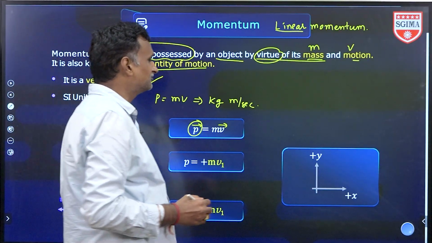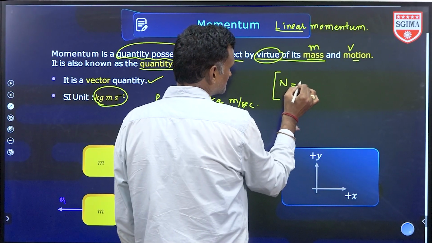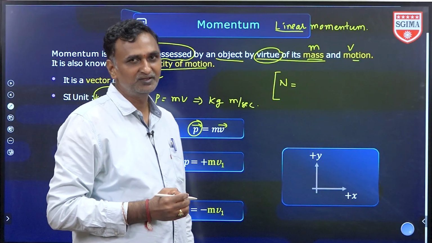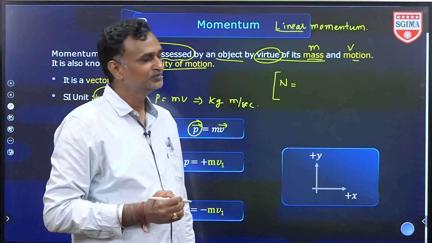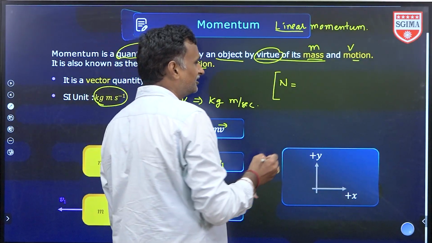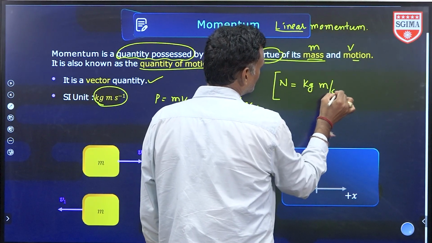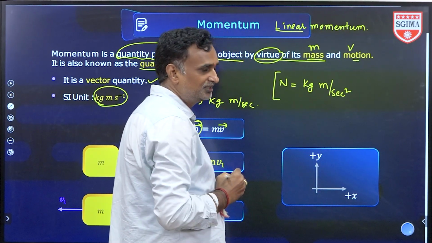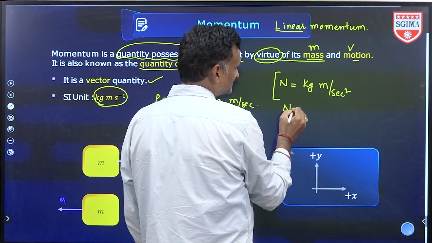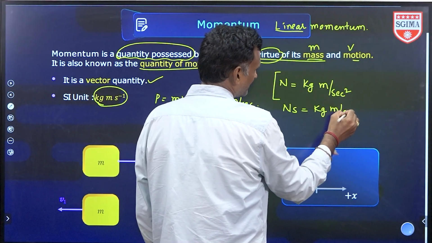And one more point we can write. In the last class, while describing force, we took the unit of force as Newton, and I gave 1 Newton equals 1 kg meter per second square. Let me shift the second square to the left side: Newton second equals kg meter per second.